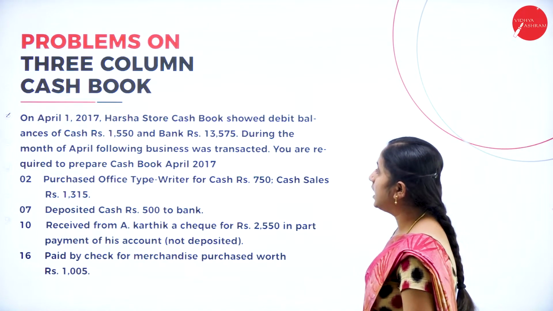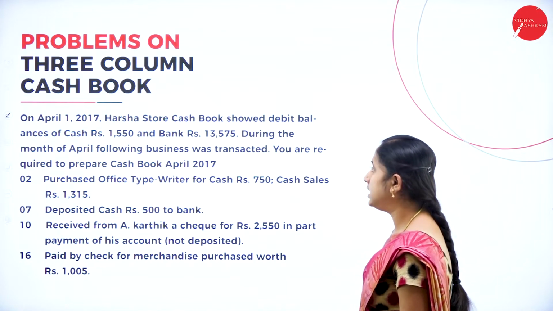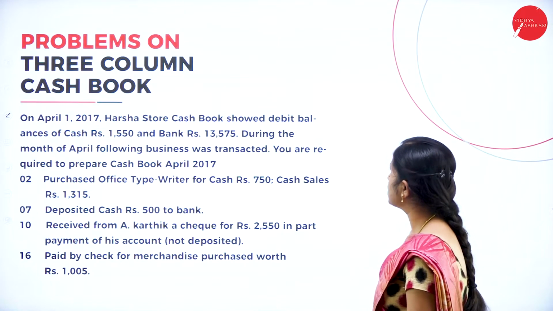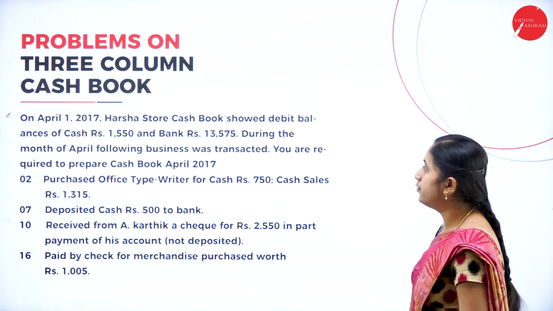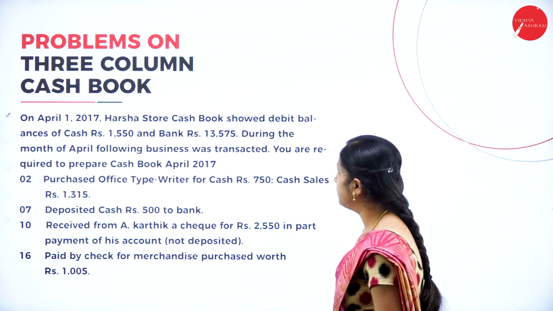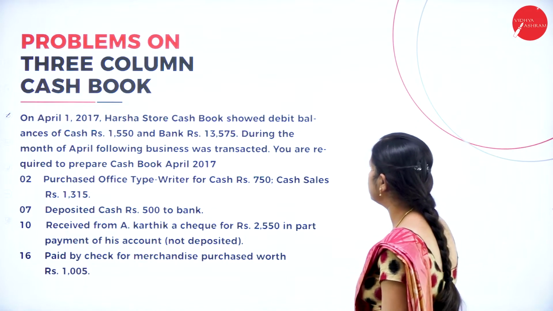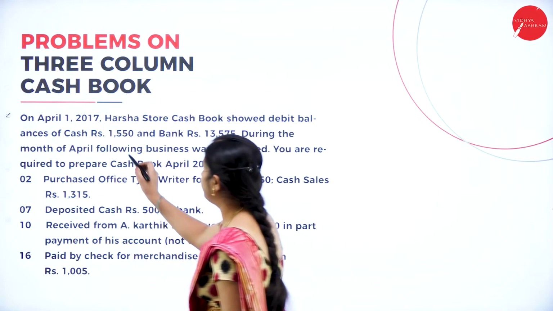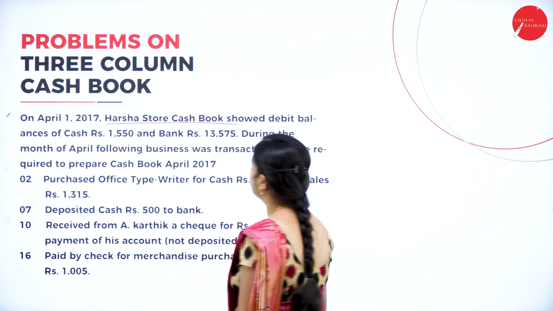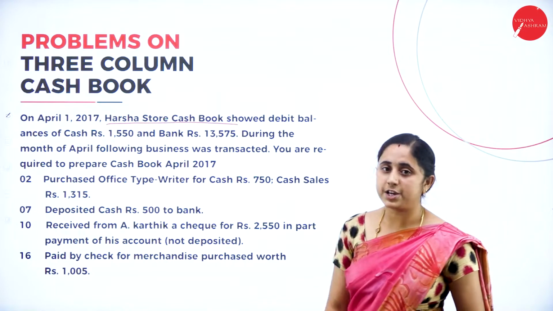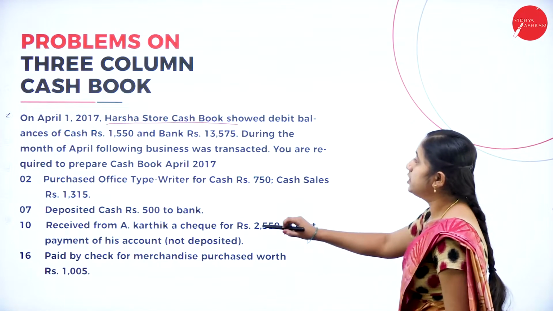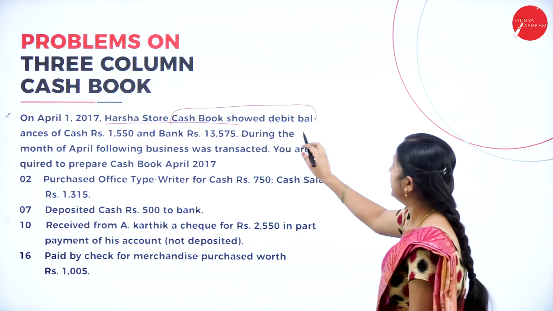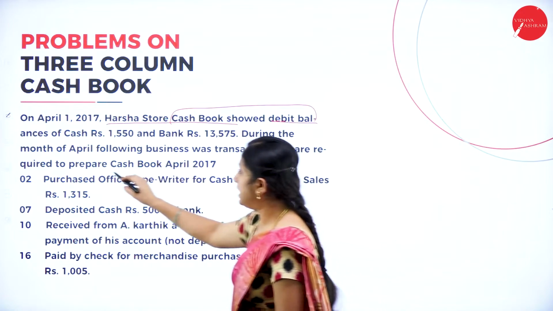First, on April 1st, 2017, Harsha Store's cash book showed a debit balance of cash rupees 1,550 and bank rupees 13,575. That means you are going to prepare the cash book of Harsha Store. So the cash book shows the debit balance.